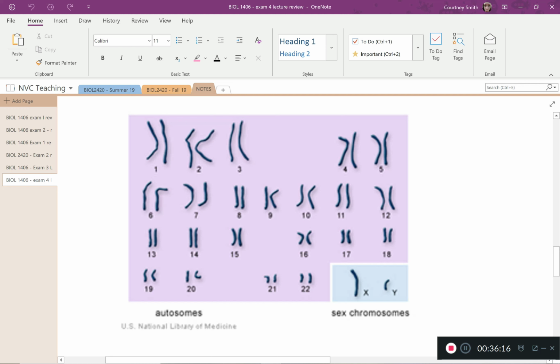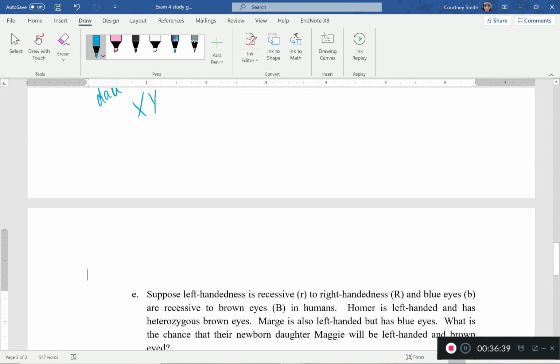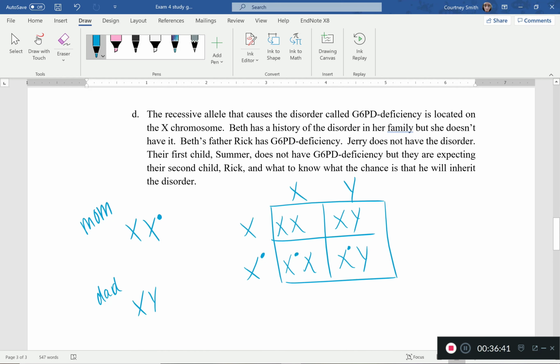And then it asks about sex-linked disorders. Sex-linked disorders are more common in males than females because the X chromosome contains more coding genes than the Y chromosome. Also, as we saw in the previous problem that I just did, in females there's another X that can compensate for a mutated X, whereas in males, they don't have another X to compensate for the mutated one.